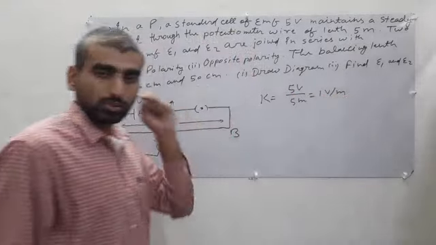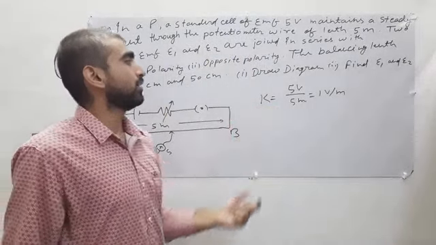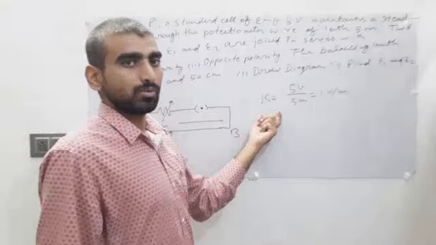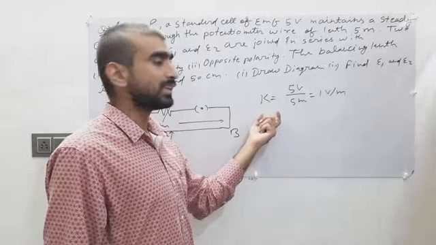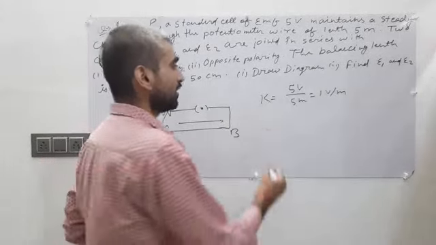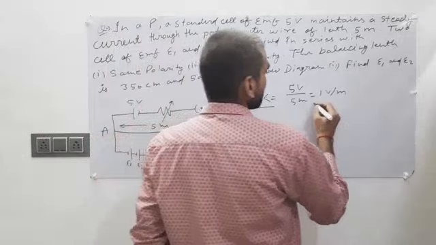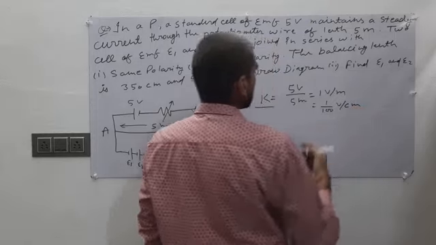But the definition says K is the voltage difference per unit length in centimeter, so we have to denote K in centimeter. That means 1/100 volt per centimeter. This is the value of K.